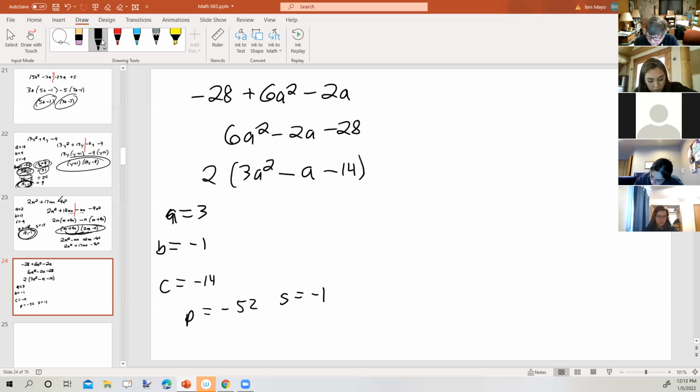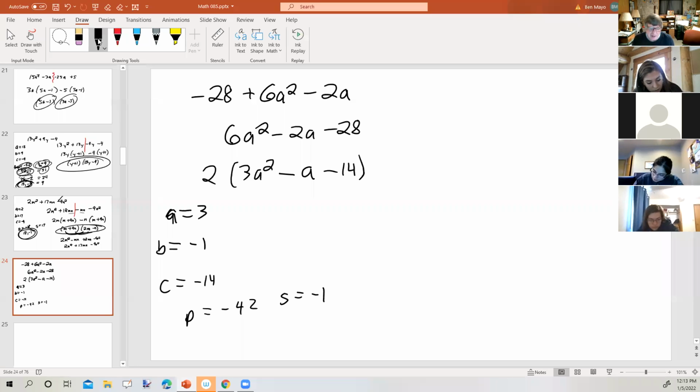The product isn't -52, is it? I knew something was wrong there. How about that? It helps if you can multiply. Now I'm feeling better about it. The previous one I'm going, this isn't going to work, but okay.